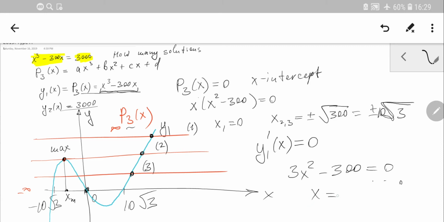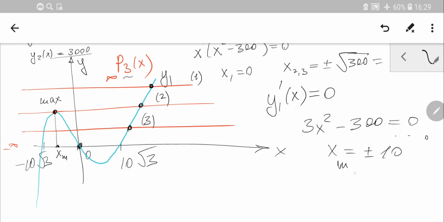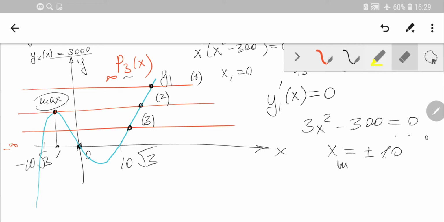So obviously from here we'll have 2 solutions for xm, plus or minus the square root of 100, which is 10. We could test the second derivative, but it's apparent that xm here is just negative 10. And this is the only one we're looking for, negative 10.